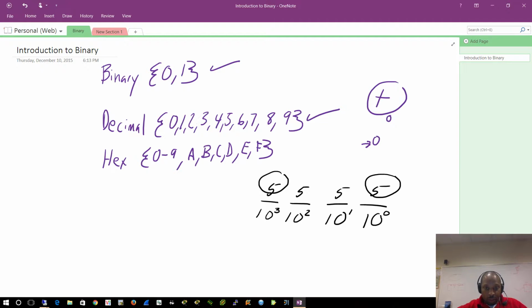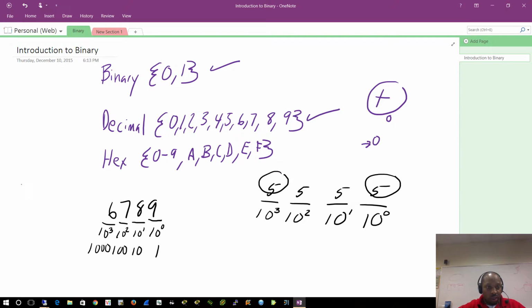Let's continue here. Let's write a simple number like 6, 7, 8, 9. What is this number? Well, we could enumerate them out. This is 10 to the 0, or ones column. 10 to the first, or the tens column. 10 squared, or the hundreds column. And 10 cubed, which is the thousands place.